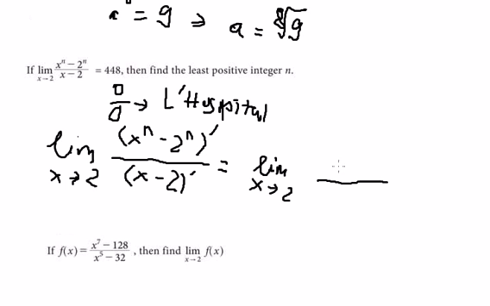So you get n multiplied by s to the power of n minus 1. This one you get 1. So we put 2 in here. This one is 448.